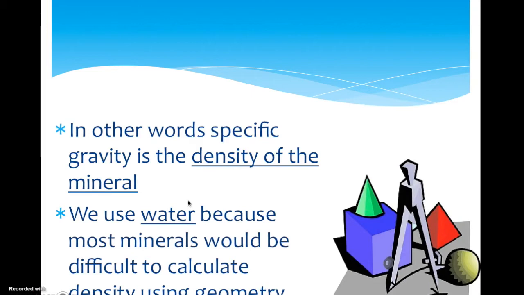So basically, specific gravity is the density of the mineral. And we use water, well, besides the fact that it's extremely common, found just about everywhere, because most minerals would be difficult to calculate the density using geometry. So, if all minerals came in cubes, it would be really, really easy to calculate the density.